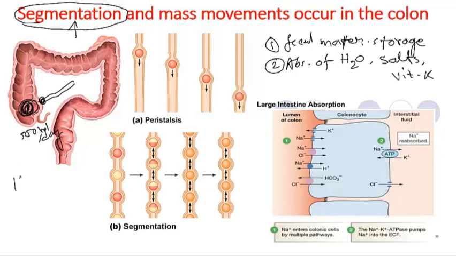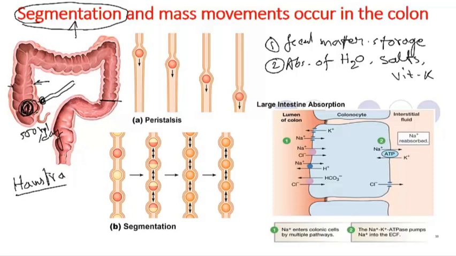These pouches are formed from the transverse to the descending colon, from the cecum, then the transverse colon, till the descending colon.